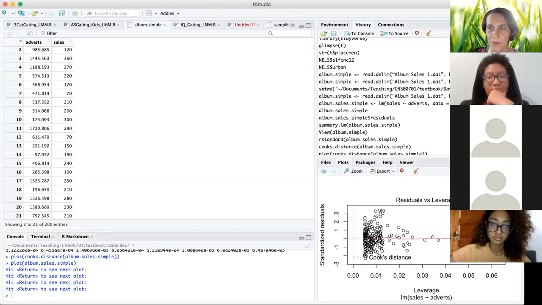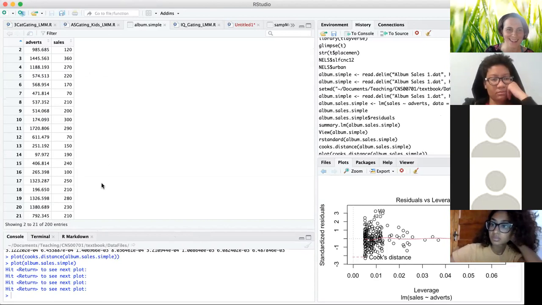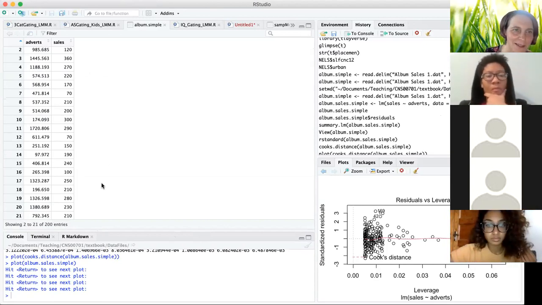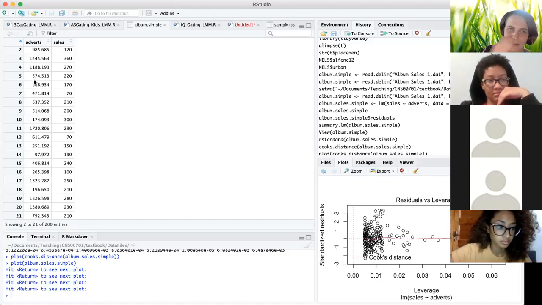Okay, super. It's very straightforward, similar to the example that we had in class, but this time it's supposed to be the advertisement. Here you see these two variables: advertisement, which is the money they spent on advertising in thousands of pounds, and the number of sales after that advertisement campaign, again in thousands of albums.